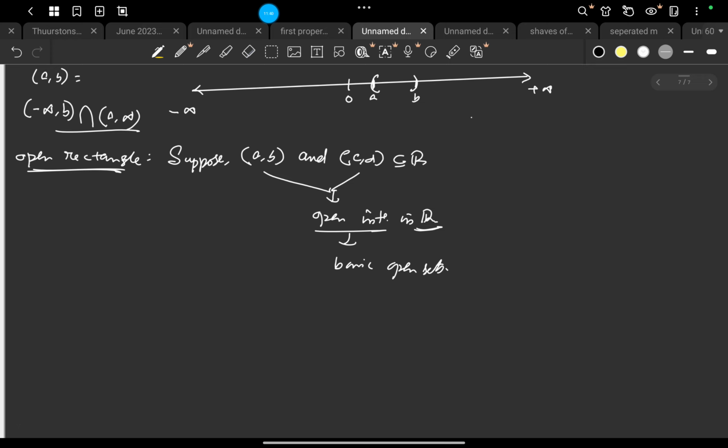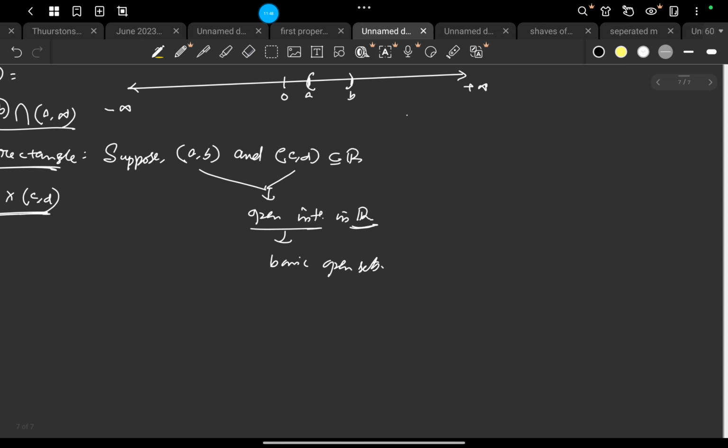Now if we consider (a, b) cross (c, d), what is this basically? This is my y axis, this is my x axis. At a certain point here is my 0, here is a to b, then c to d. So we are basically considering this particular region.